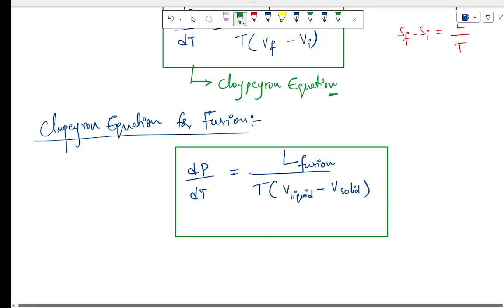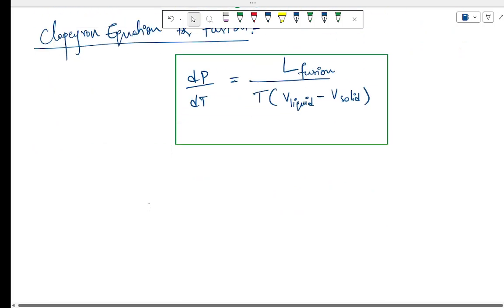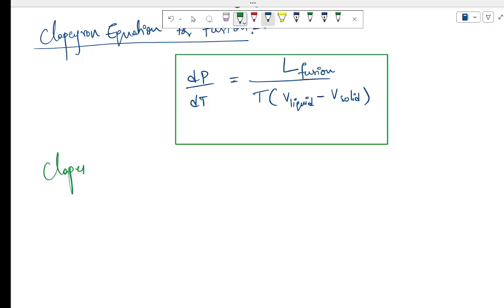Okay, now we can also write this expression for vaporization as well. For vaporization this expression will vary accordingly. Clapeyron equation for vaporization.